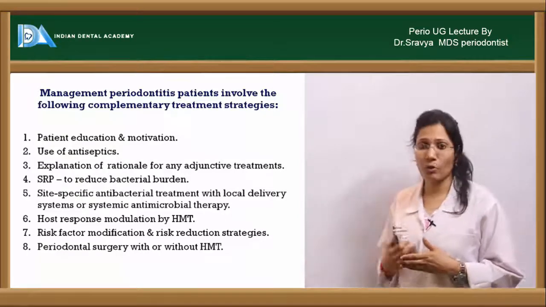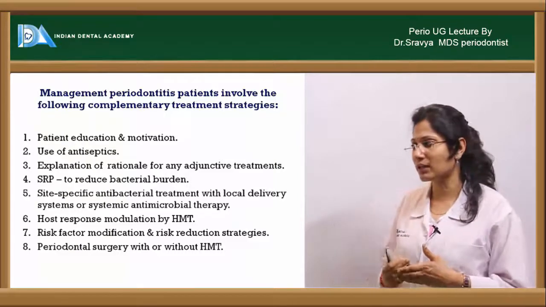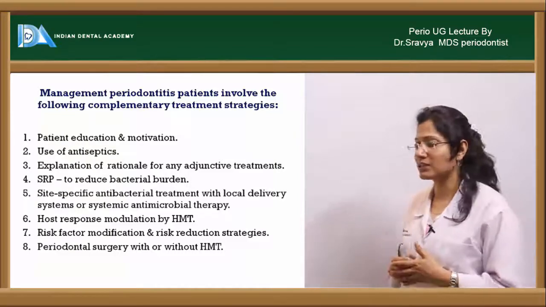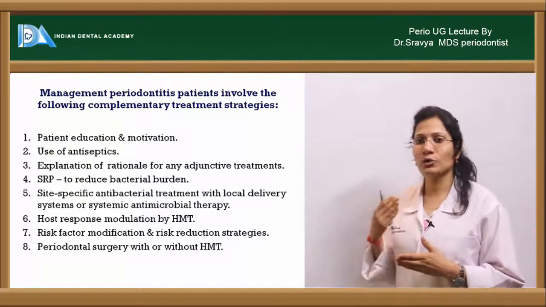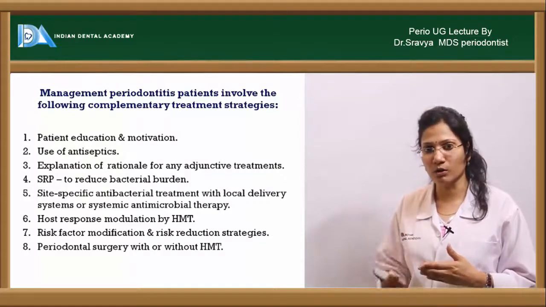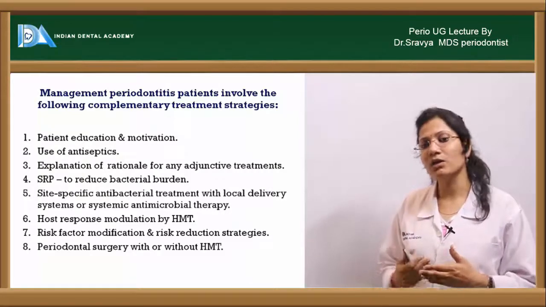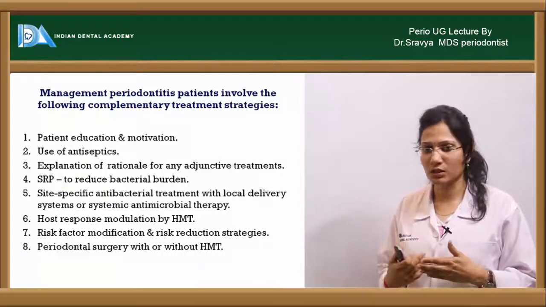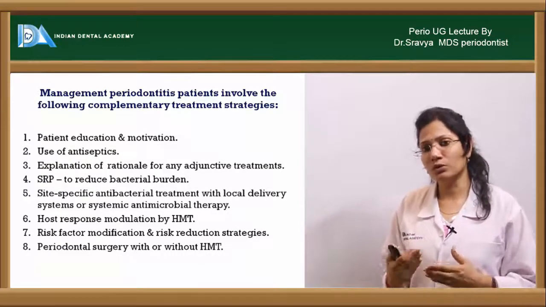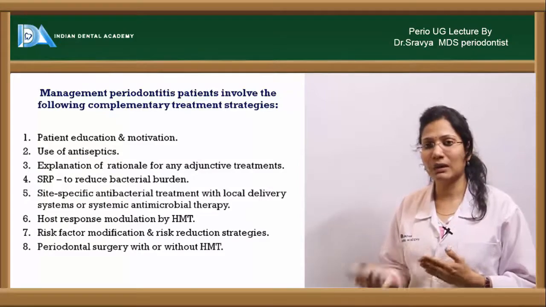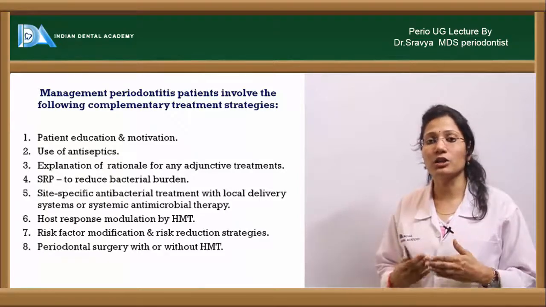And then the main important one would be your scaling and root planing, which is important to reduce the bacterial burden. First, you have to eliminate mechanically all the local factors, and only then can you go ahead with any other procedure. Most of the time what we do is a scaling and root planing, and along with it some adjunctive measures.